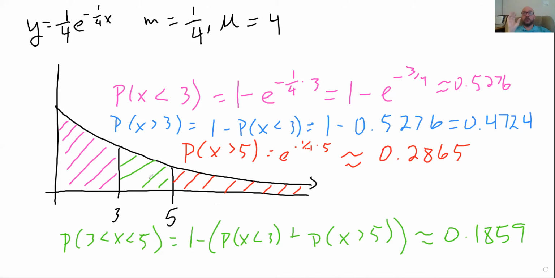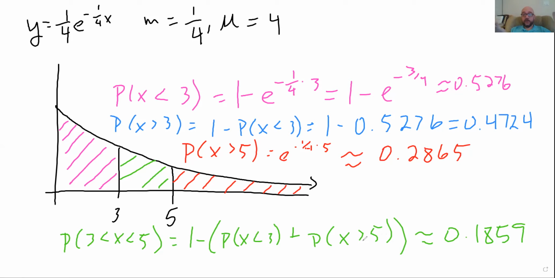And it is much more obvious when you might want to use the complement rule, right? Like it's probably not immediately apparent to you, at least without a picture, that the complement of the probability that x is between 3 and 5 is 1 minus the probability that x is less than 3 plus the probability that x is greater than 5.